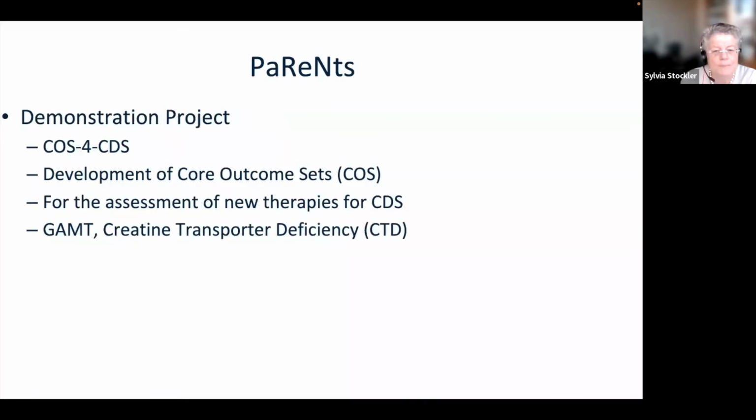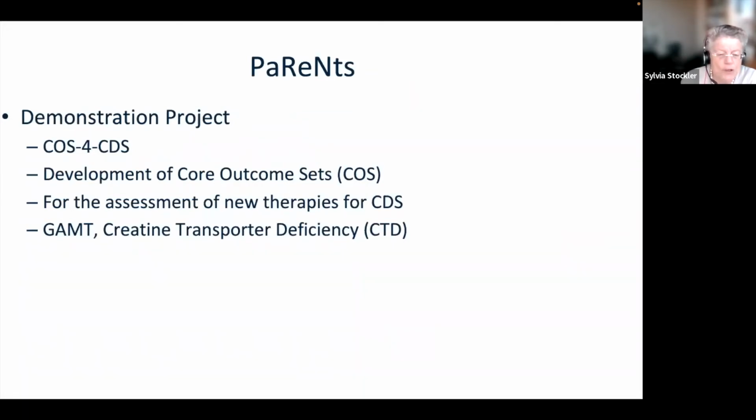Next. And there will be a demonstration project where we can show that we are engaging patients and researchers at the same time. And this is actually the Course for CDS, which is a project where we want to develop core outcome sets for the assessment of therapies, mainly new therapies for creatine deficiency syndromes.